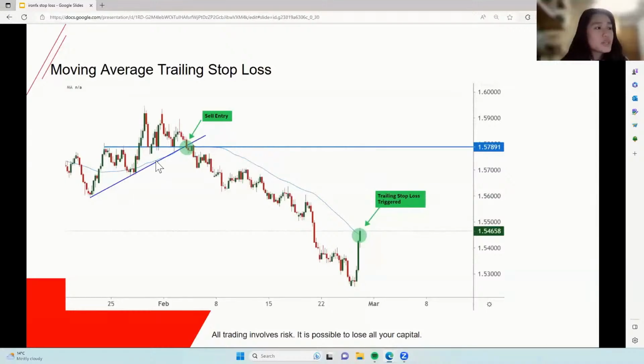We call this a moving average crossover. Once price crosses over, then we go in for the entry. Price continues moving downwards, and then once price crosses over the moving average again, our trailing stop loss is triggered.